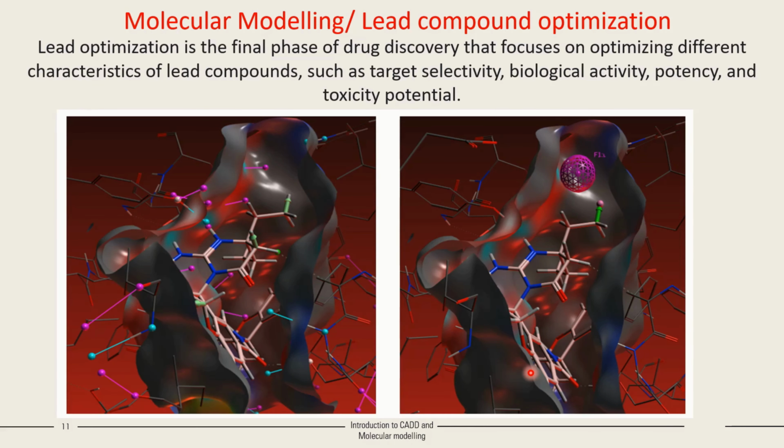All right, as part of our outline, we also mentioned molecular modeling and lead compound optimization. When you finally carry out your docking process, and then you discover that your compound or your synthesized product is promising, however, maybe it's not competing favorably yet with already existing drugs, already existing inhibitors, what do you do?